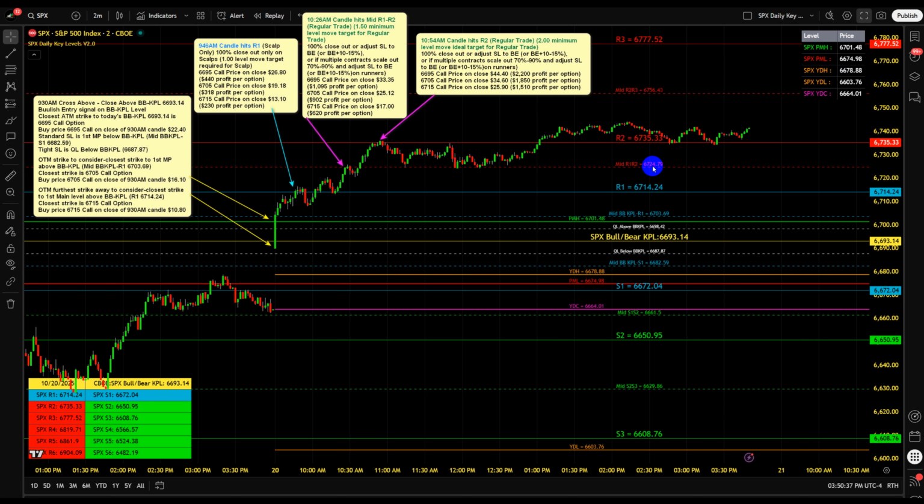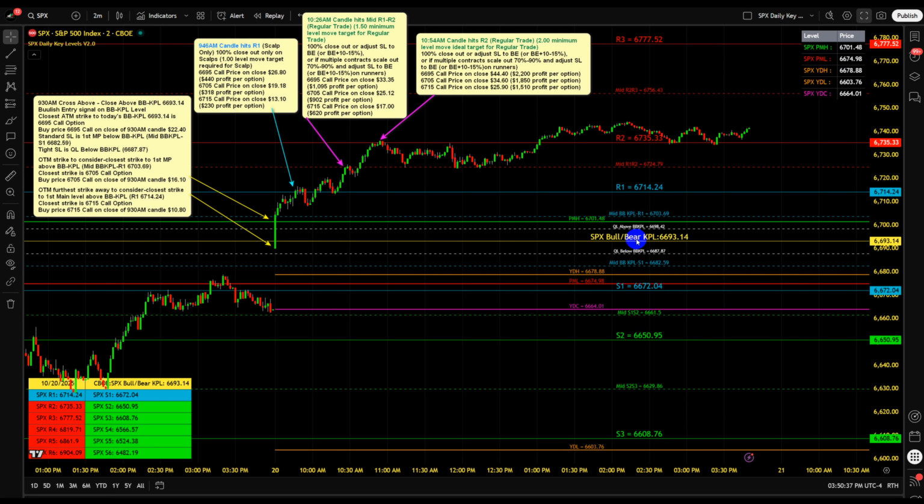Okay, so the other levels you see here are midpoint levels. By default, some of the midpoint levels are not turned on, and that is by design, because usually at the beginning of the session, the level that's primarily in play in say 90 to 95% of the sessions is going to be the bull bear key price level.